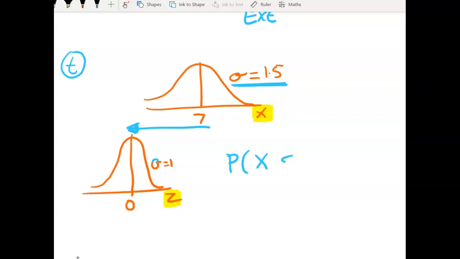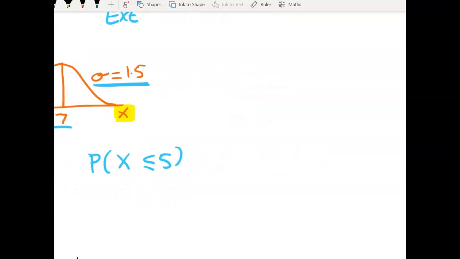We want the probability that X is less than or equal to 5. So that's on here. That number's 5. We're trying to work out what the equivalent number to the 5 is here. So the probability that X is less than or equal to 5 is equal to this. I'm going to do the same thing to both sides of the equation. I'm going to take away 7, and then I'm going to divide by the standard deviation.